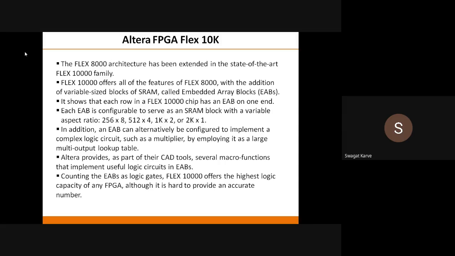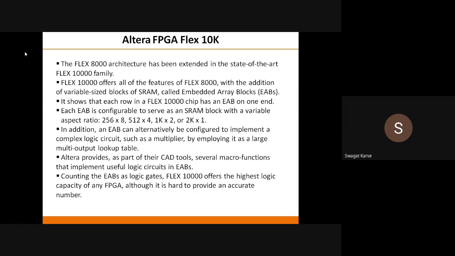Now in addition, each embedded array block can alternatively be configured to implement a complex logic circuit, such as a multiplexer, by employing it as a large multi-output lookup table. So you can configure the EAB block to serve as an SRAM with different aspect ratios, which is one advantage.